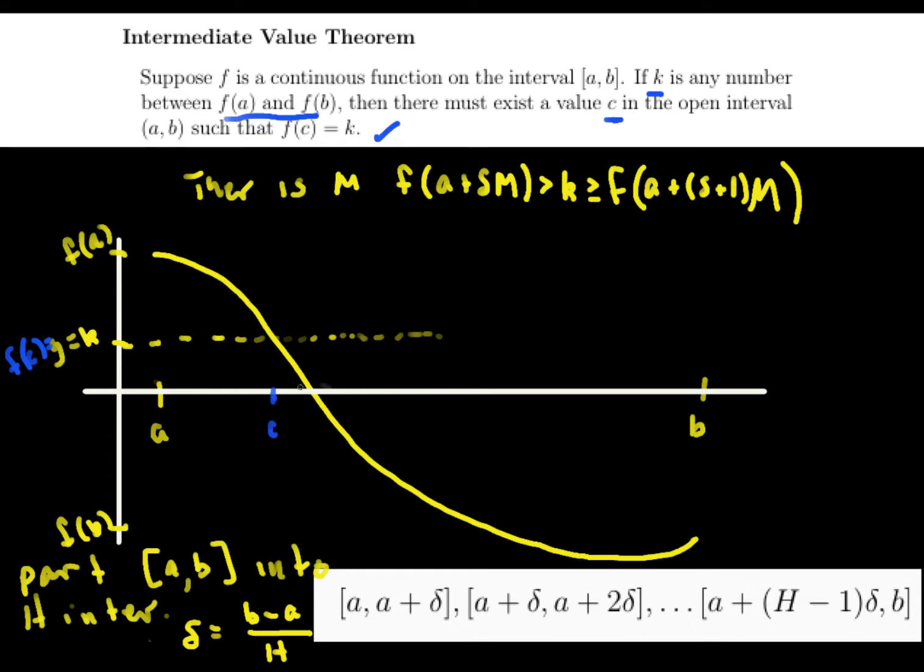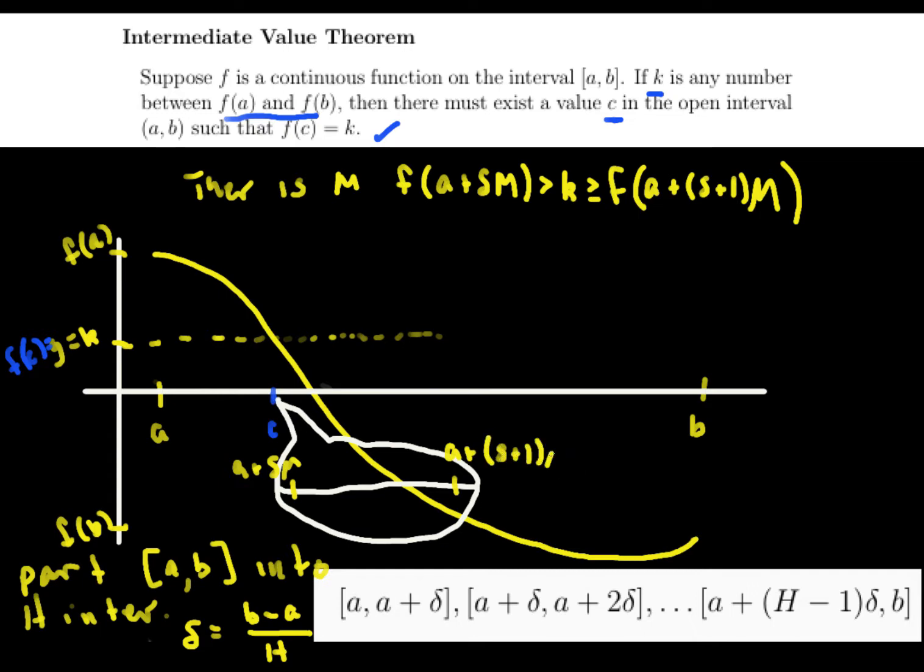So if I zoom into here, I can look at the interval, and at one endpoint here, I have a plus delta m, and at this other endpoint here, I have a plus delta times m plus 1. So I'm looking at this interval here, and then I can ask, where does this endpoint go and where does that endpoint go?